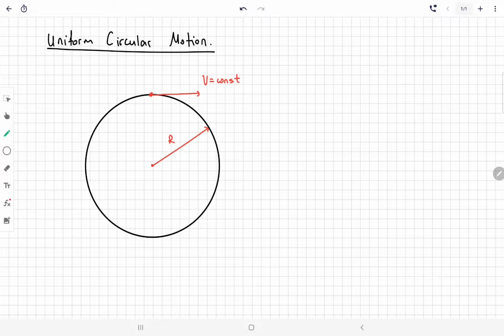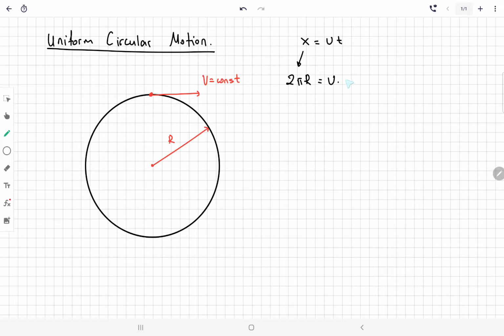And since we have a motion with constant speed, we can use this equation: distance equal to speed times time, because speed is constant. So, for one complete circle, what will be the distance? It will be the length of the circle, which is 2πr.